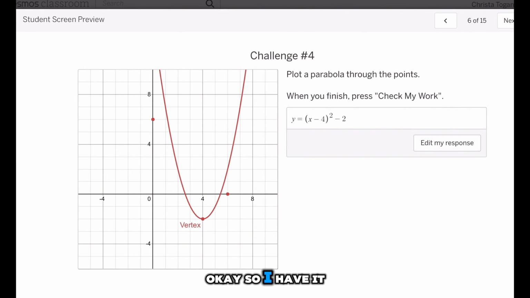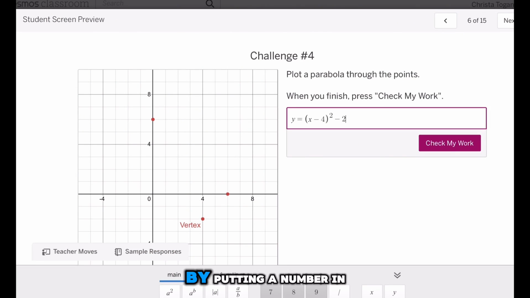Okay? So I have it through the vertex, but my parabola is not going through the x-intercept nor the y-intercept. So how can I make it wider? How did I stretch it out? That's what you have to think about. How did I stretch it out? By putting a number in front of x squared.